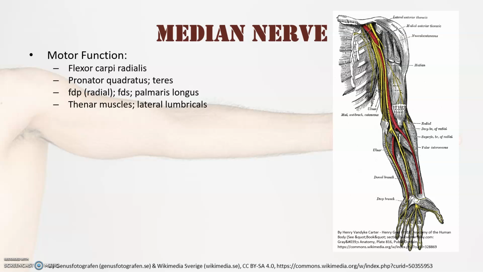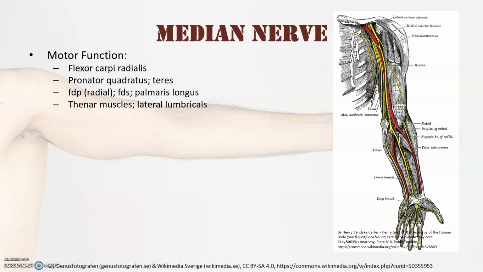So its motor function includes innervation of flexor carpi radialis, pronator quadratus and pronator teres, flexor digitorum profundus, flexor digitorum superficialis and palmaris longus. The medial side of flexor digitorum profundus is supplied by the ulnar nerve, so that muscle is supplied by two nerves.